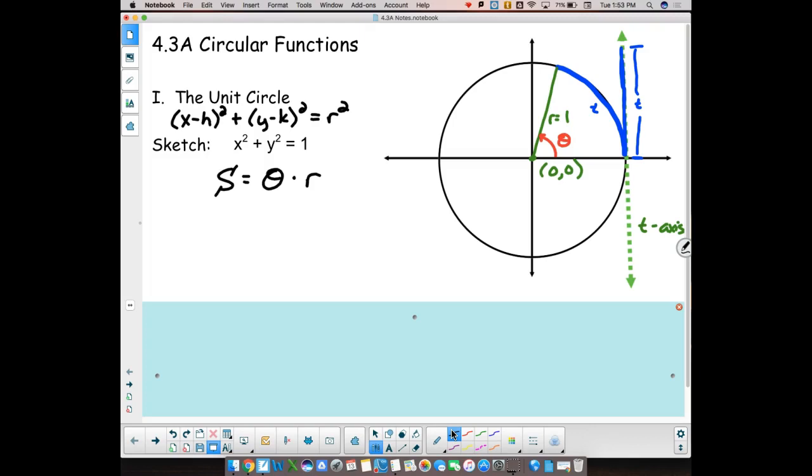My radius is 1, and my arc length is t, because I set it at that t value. So t here is going to equal theta. So the length of my arc is equal to theta, and that would go for any point on the unit circle, where the arc length is equal to theta.